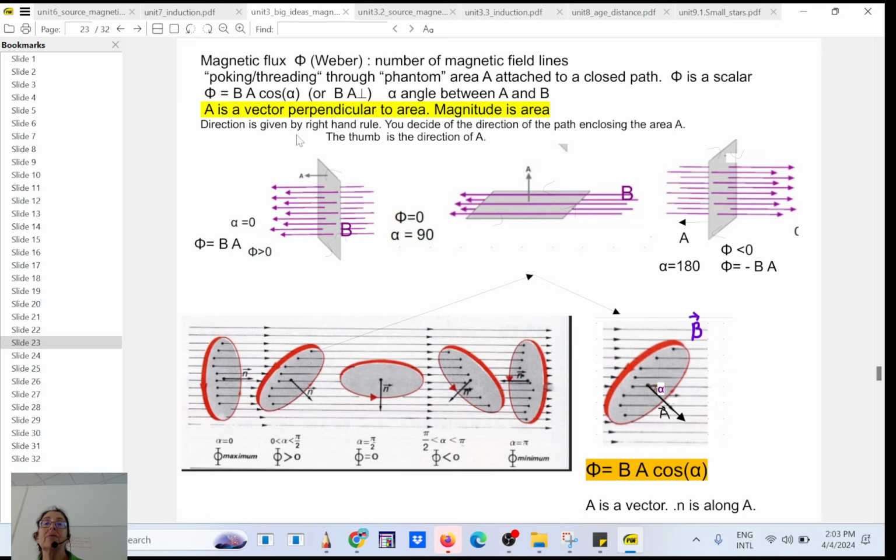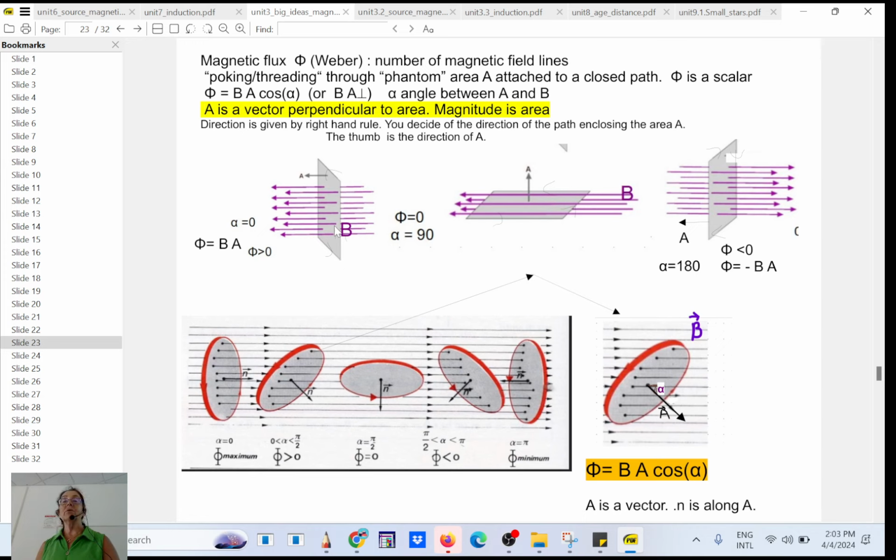You can think of the magnetic flux as being the number of field lines poking through a membrane, even though it's an imaginary membrane that you attach to a path.